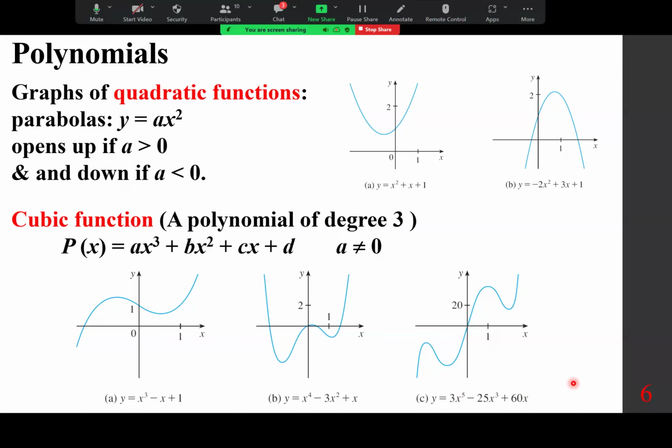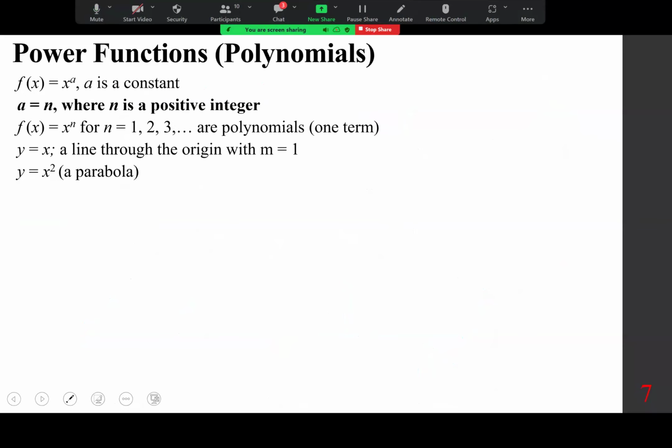So what does that tell us is that dealing with the power functions, we end up with the format f of x equals x to the power of a. A is a number, a constant. A equals n, where n is a positive integer. So f of x equals x to the power of n.